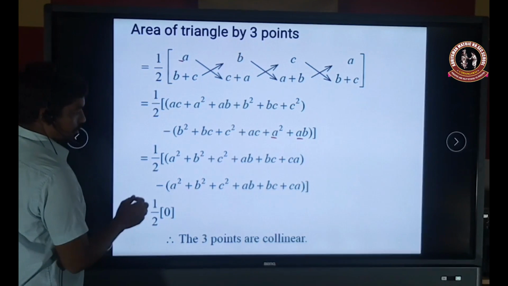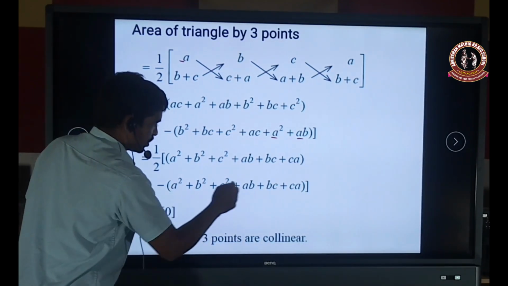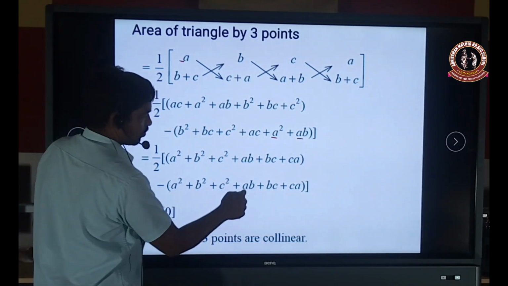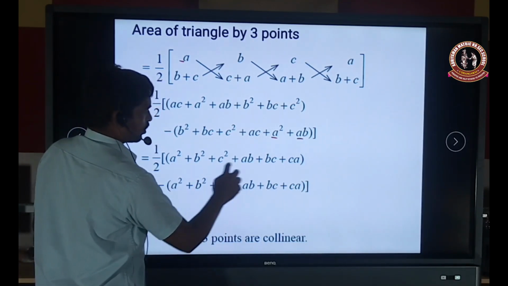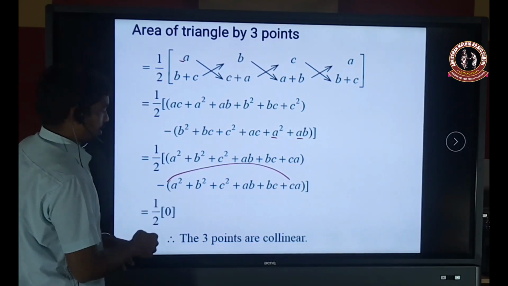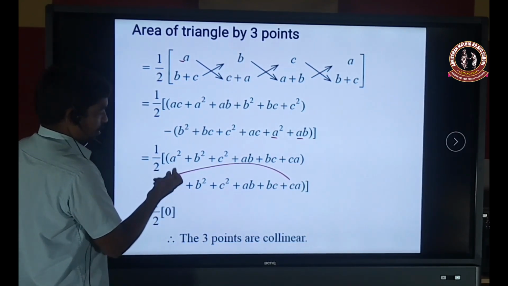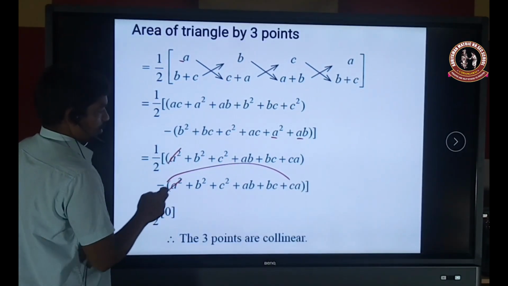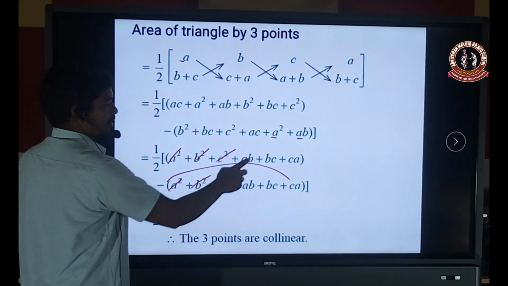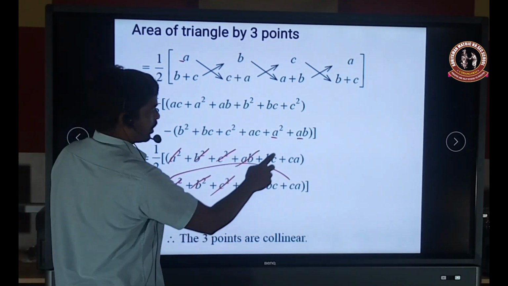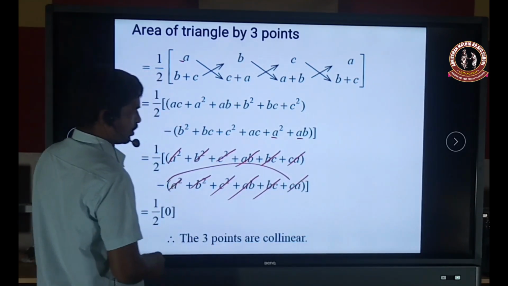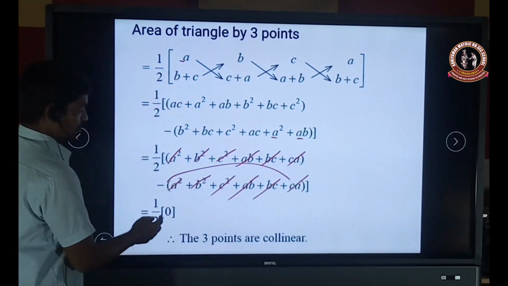Now this minus goes inside, so we get minus a square minus b square minus c square minus ab minus bc minus ca. After multiplying the minus inside the bracket, a square minus a square gets cancelled, b square minus b square, c square minus c square, ab minus ab, bc minus bc, and ca minus ca all get cancelled. All the terms are cancelled, so we get 0.